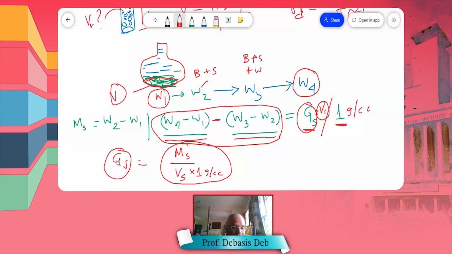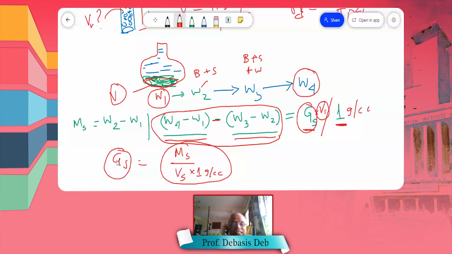Then I throw out everything and I clean it. I fill with water and I take the weight again, that's W4. So W2 minus W1 definitely is the solid, which is my Ms, if you are doing it in mass in gram, so that I already know.